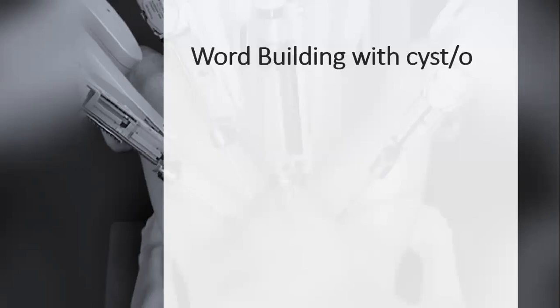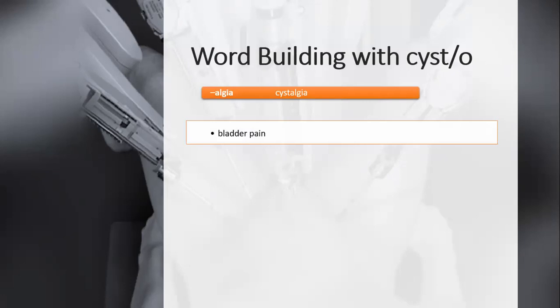Now, word building with cyst or cysto. Algia, like cystalgia, it's the pain of the bladder.